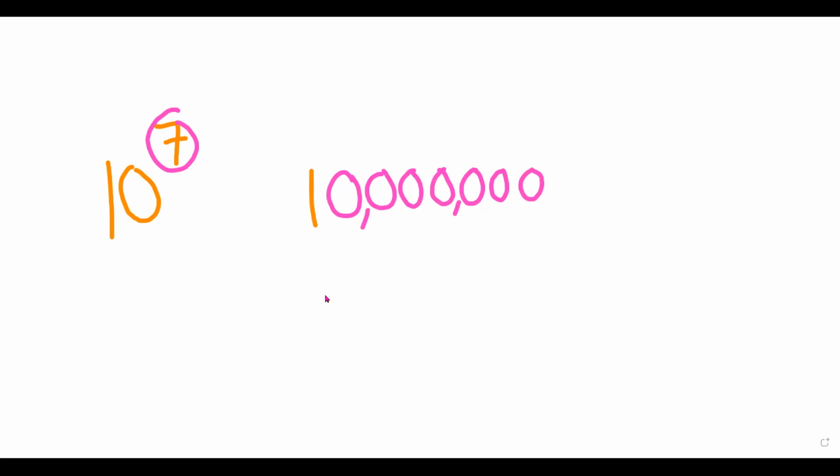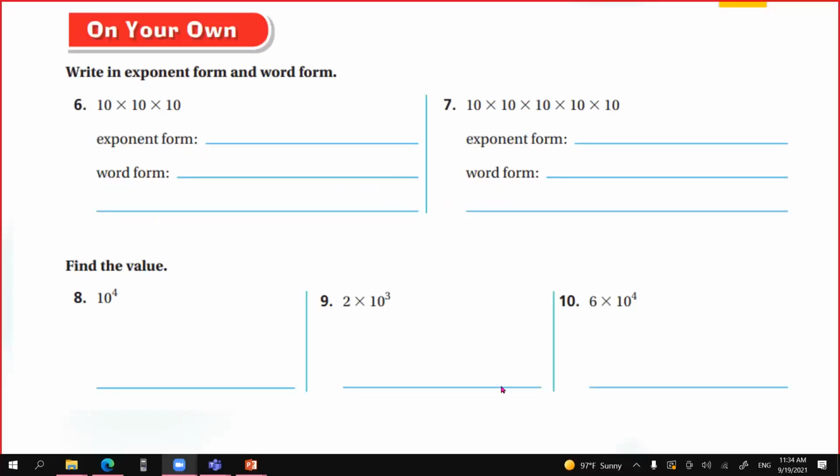Let's go back now. 10 to the power 4. What does it mean? Ragad. Yes, Ragad. Miss, I cannot go back or undo the writing here, so I will send you the solution.